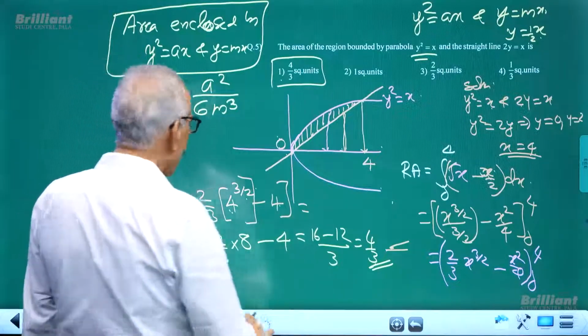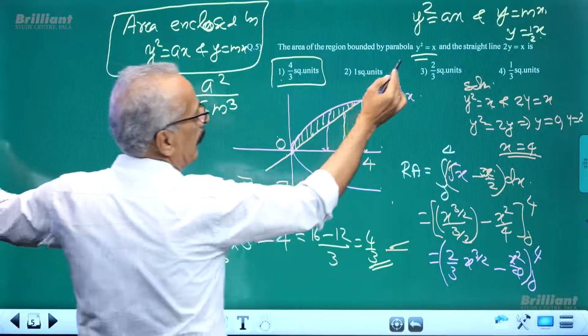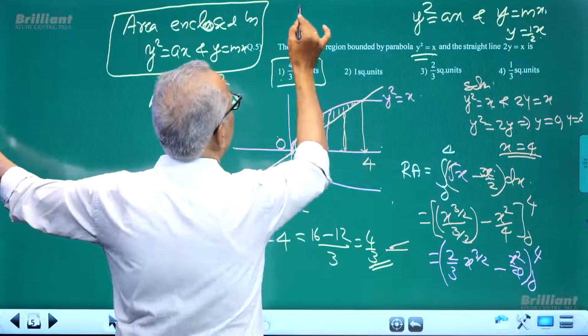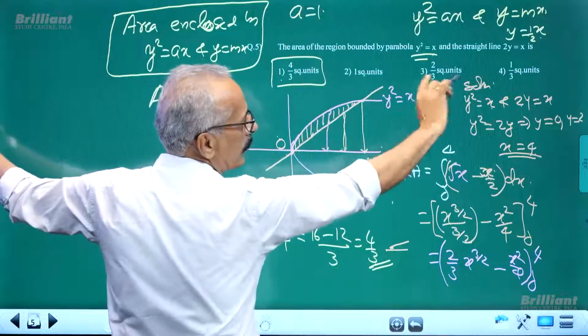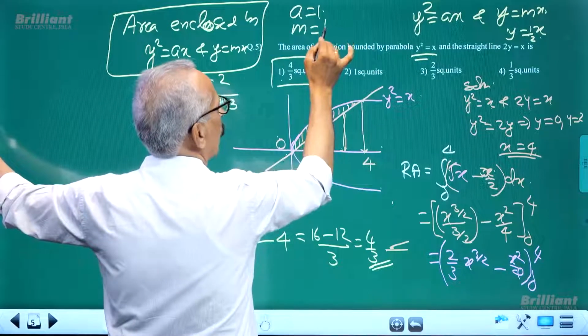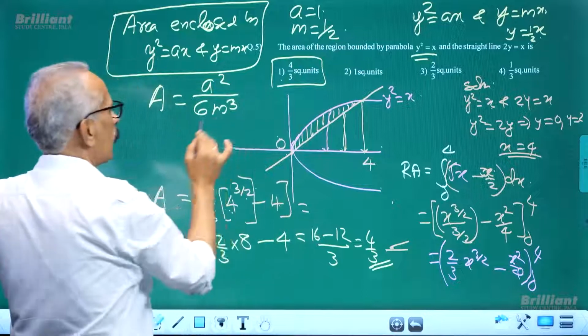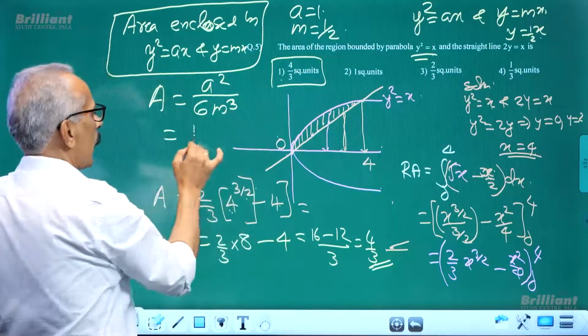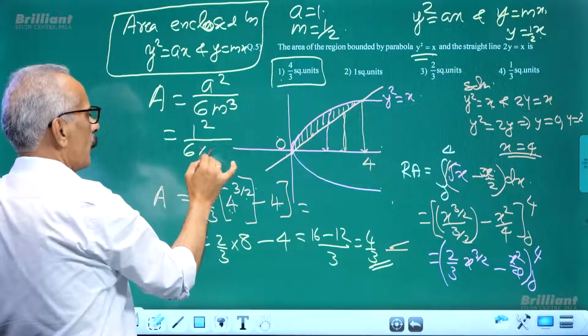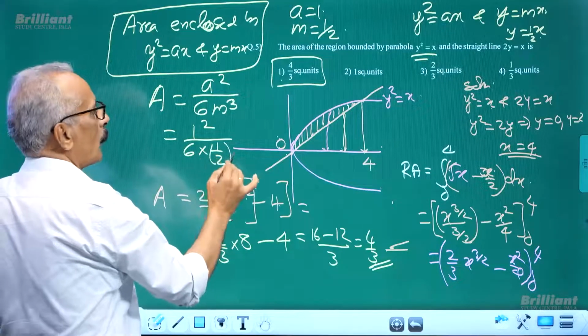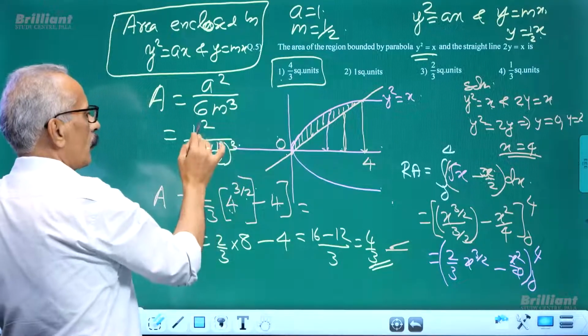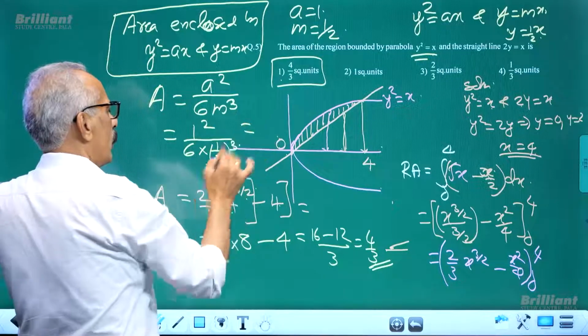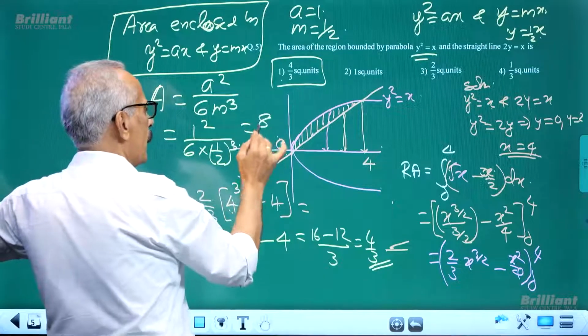Okay. Now, let us see what is our a. This is y square is equal to x. What's our a? A is equal to 1. Y is equal to mx. What's our m? 1 by 2. So, what's the formula? This is equal to 1 square divided by 6 into 1 by 2 the whole cube. So, 1 square means 1. 1 by 2 the whole cube means 8 divided by 6.